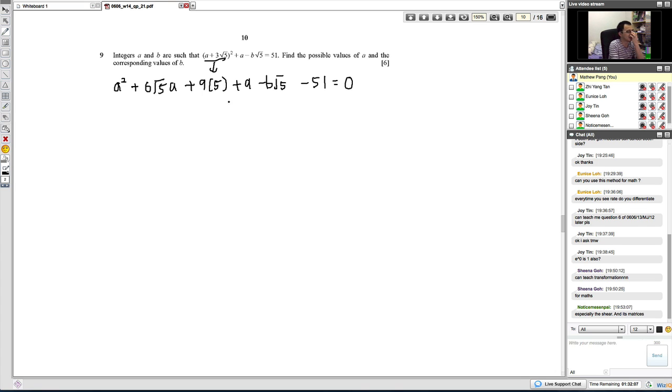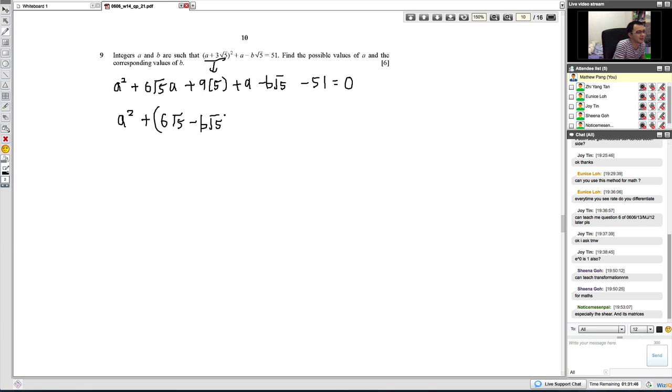Maybe. So I will try to solve the things out. So a squared, and then I'm going to join them together. This is b. This is 6. So I will say plus 6 root 5 minus b root 5.